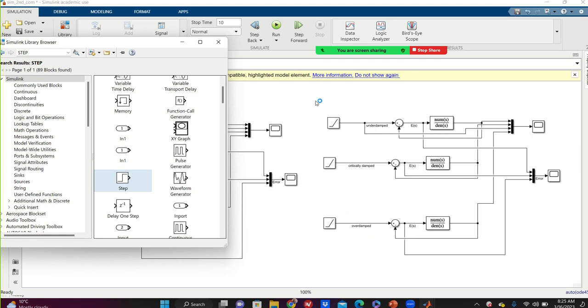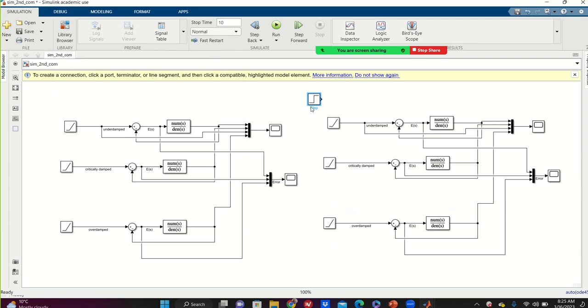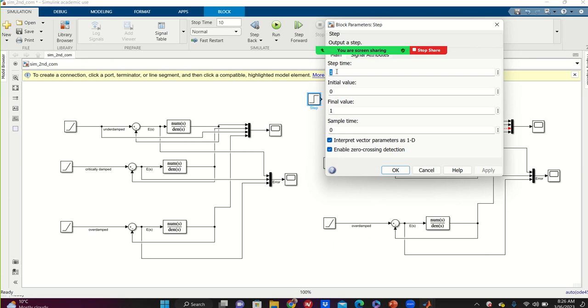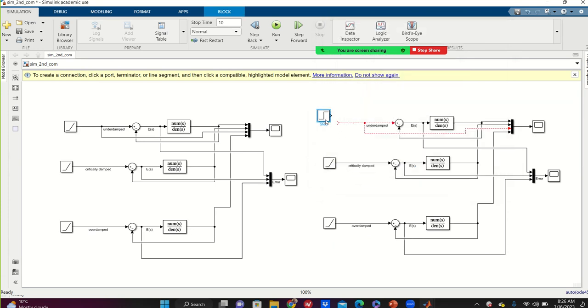And for your step, you have to check that the step time is 0, not a delayed step. Always do it. Okay, so copy paste, just put it here. Copy paste, just put it here.